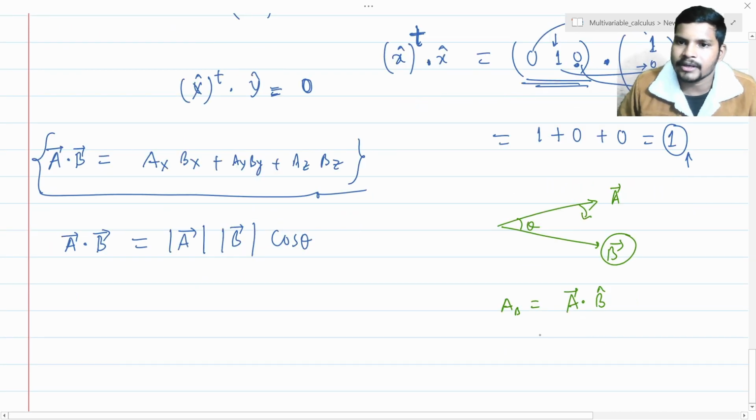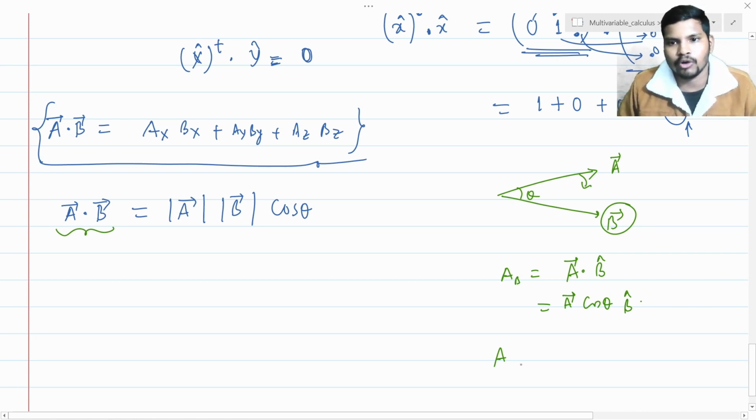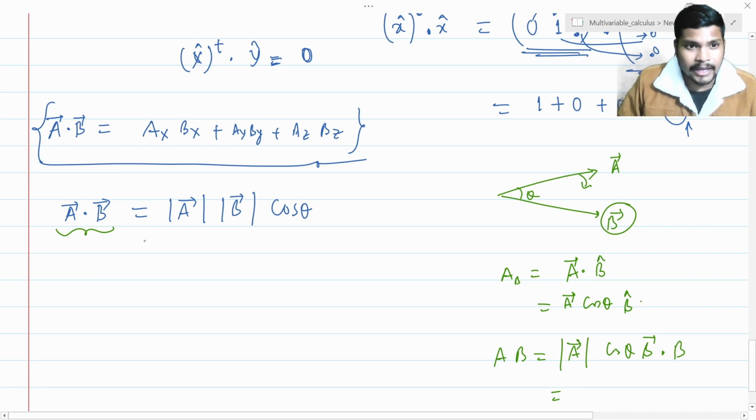So this gives you the magnitude of a and cos theta, and then there is a b hat. If you multiply with the b over here, you get a magnitude cos theta, b hat, and then b, and so on.